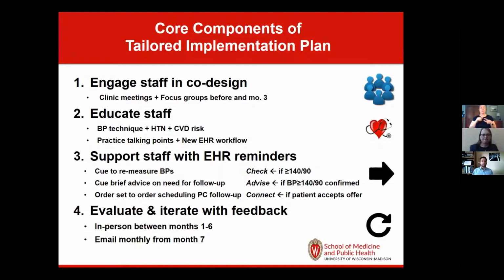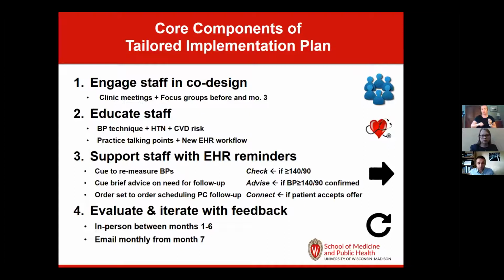Educating them on, reminding them on the BP technique with a didactic session, as well as the importance of hypertension and cardiovascular disease risk for patients with rheumatic conditions, and practicing talking points in a role play fashion, as well as practicing the new workflow that we introduced to the EHR in a playground environment.